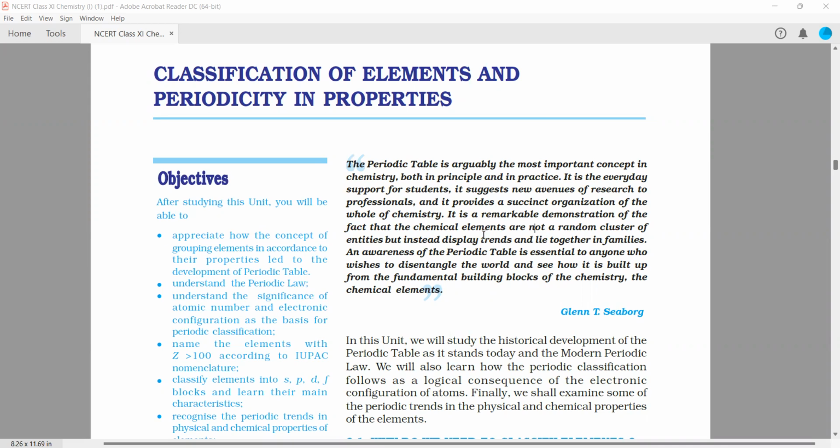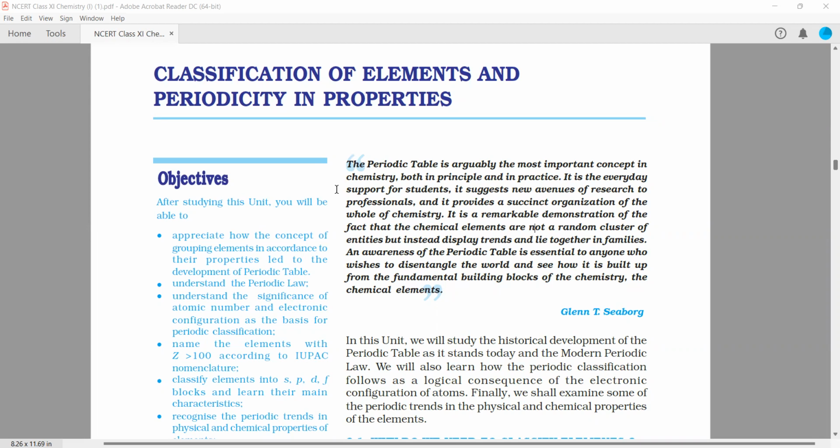First of all, what is meant by the name of the chapter? We all know what the periodic table is and what the various properties of certain elements are, and we have classified all the elements with their atomic numbers and everything.